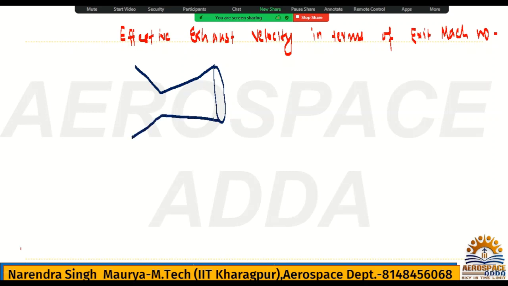This is the nozzle. If you check here, this area is nothing but the exit area, so the pressure will be PE. We have a flow like this, and we exit, and this is the resultant effective exhaust velocity.